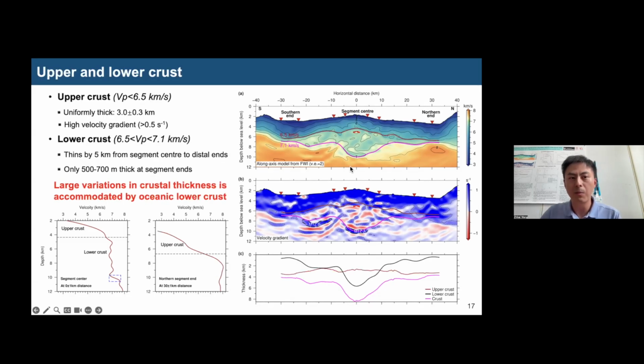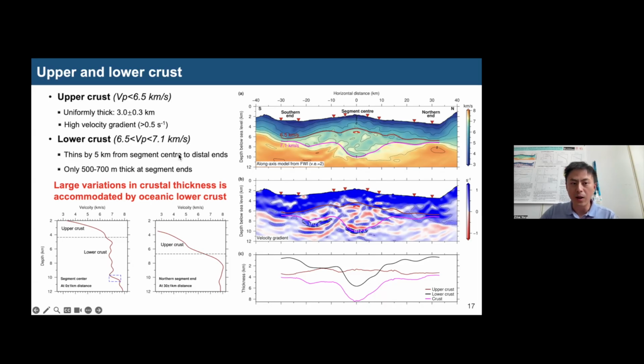Now let's talk about the upper and lower crust. In this research, we use the 7.5 kilometer per second velocity contour to represent the boundary between upper and lower crust. Then we calculate the upper crustal thickness and lower crustal thickness. In figure C, this brown curve shows the upper crustal thickness variation. It has small variation. The average is 3 kilometers with a standard deviation of 300 meters. And the upper crust shows a high velocity gradient.